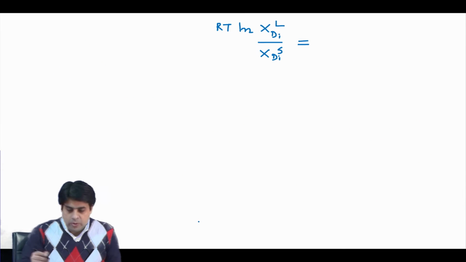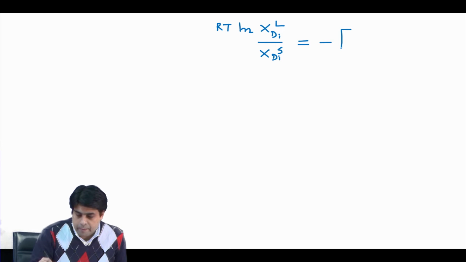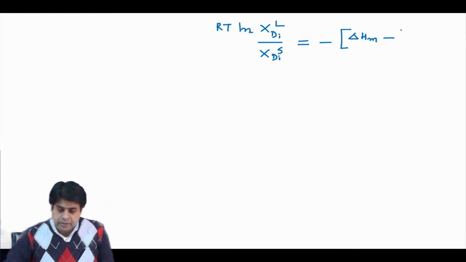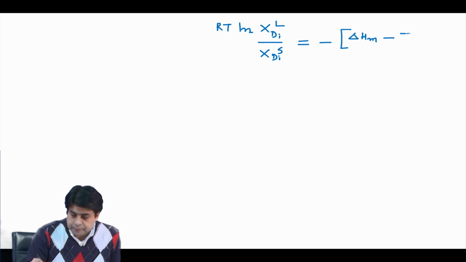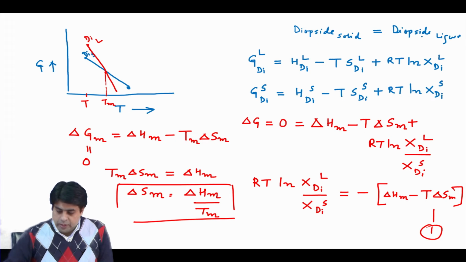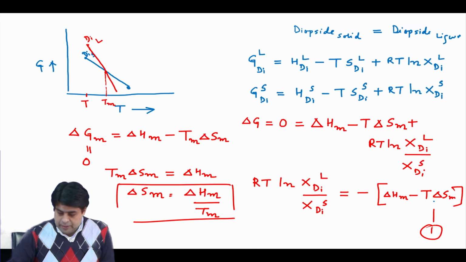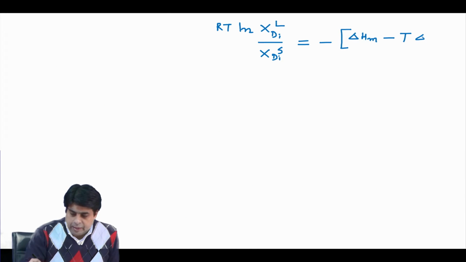So, this will be equal to minus delta H m minus T, and this your delta S m is delta H m by T m, delta H m by T m. Okay.